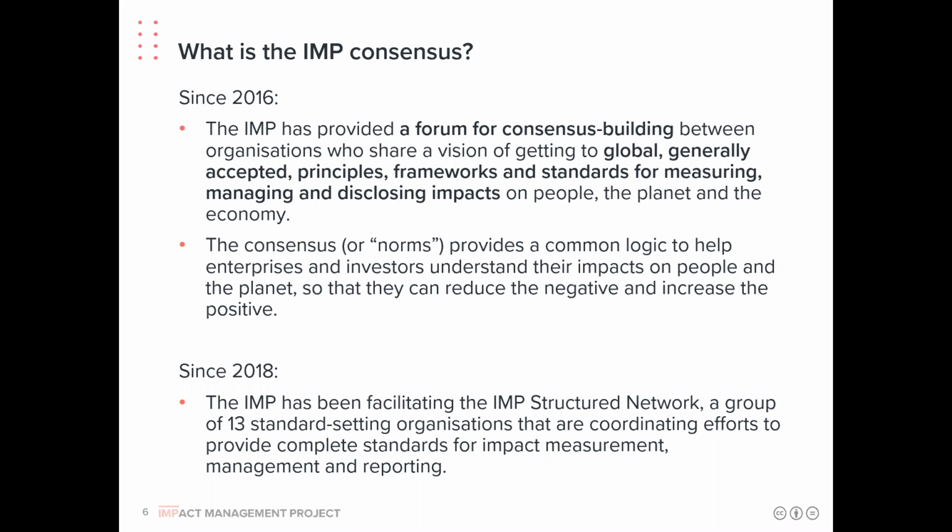But we also now facilitate this network of standard setting organizations, 13 global standard setting organizations. That work has allowed us to get very, very specific on how the standards in the market work, and we can talk about the word standard later, but we're using it in its broad sense.